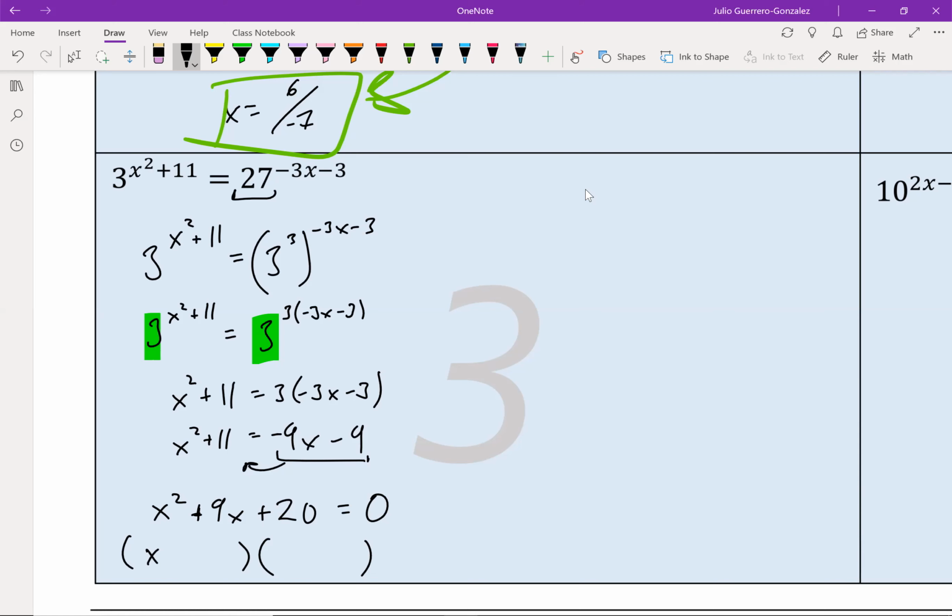Right. X plus 5 and x plus 4 is equal to 0. X is equal to negative 5 and x is equal to negative 4. We're good? Yeah.